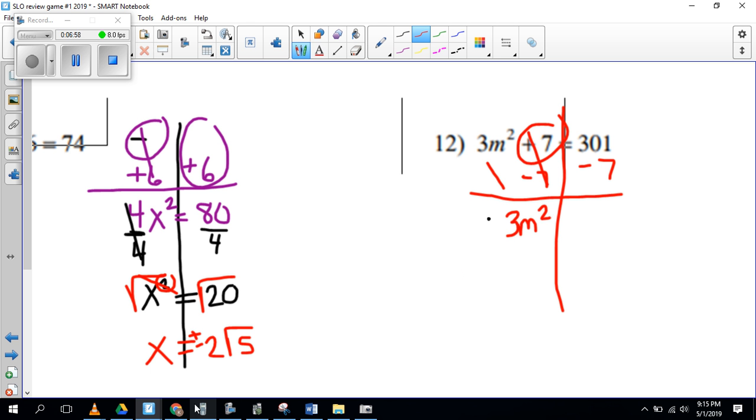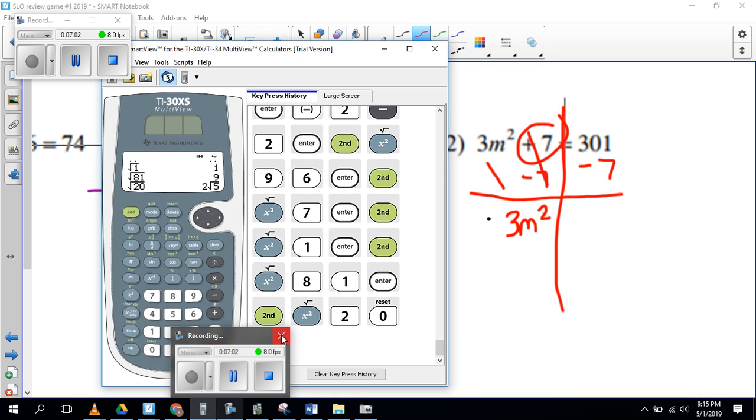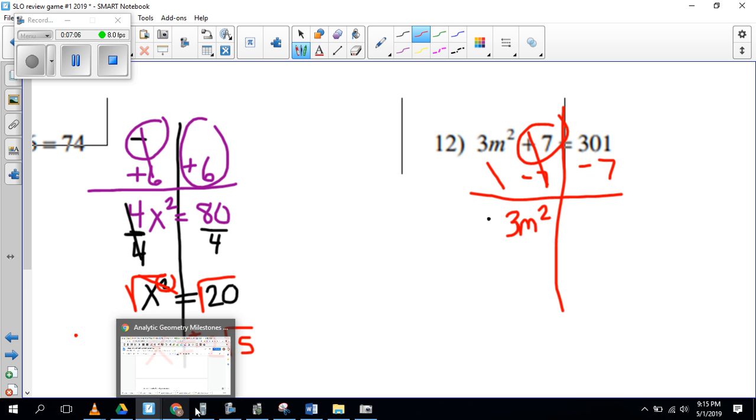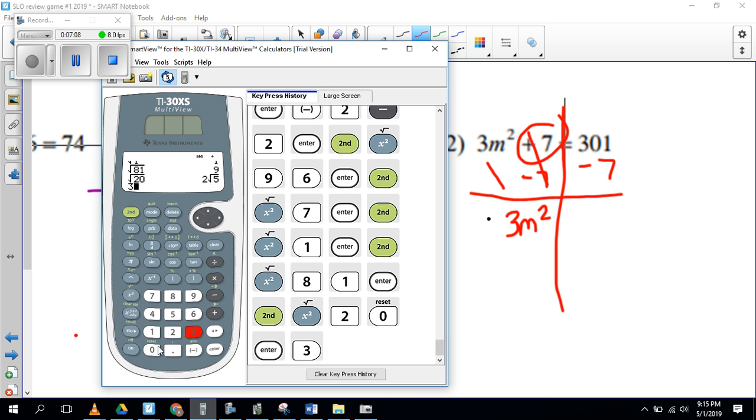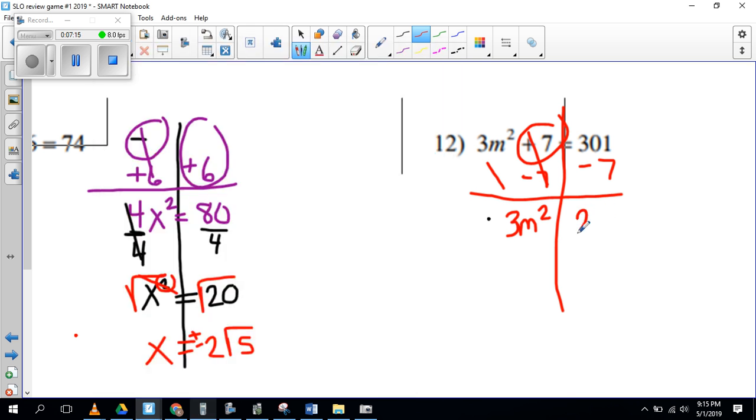Okay, so if I subtract 301 minus 7, we get 294. Okay? So now if you look, our variable is still not by itself.